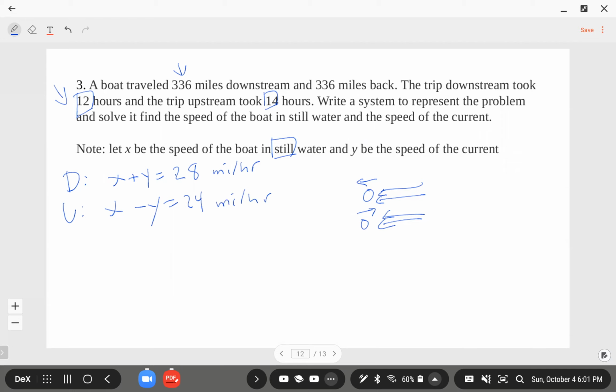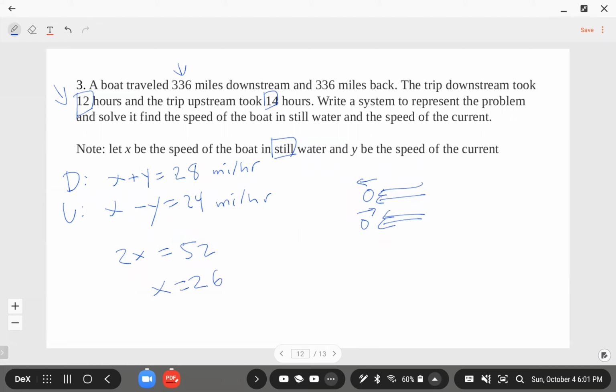Okay, and now we solve it. We can eliminate y, right? Straight off the back, we just add those equations. So 2x equals 52 because 28 plus 24. Then x should be 26.